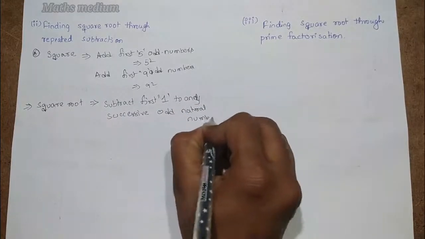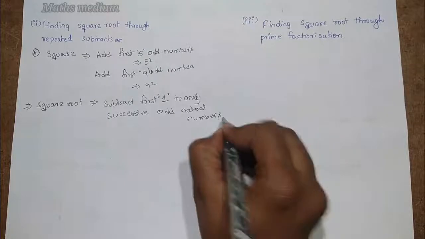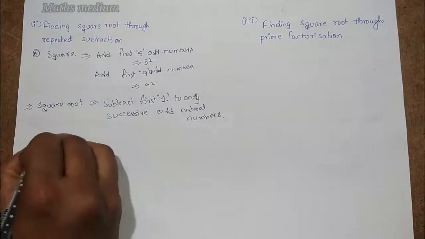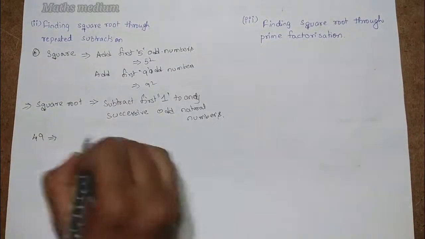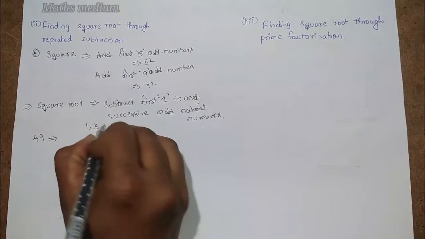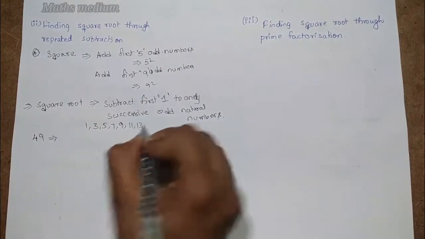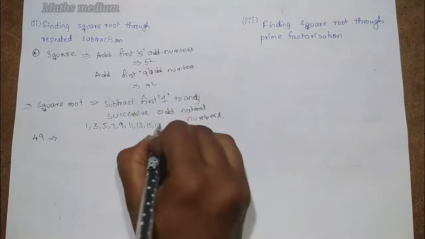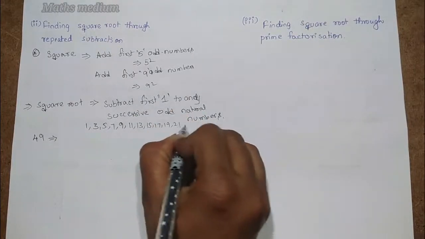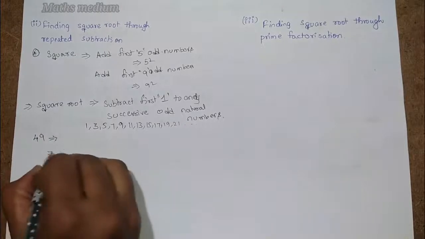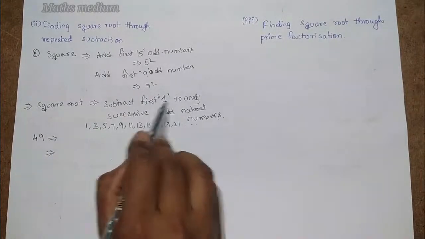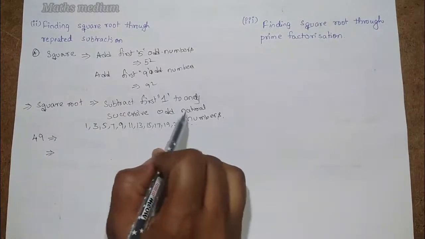I will explain here. If you take the number 49, now we know odd numbers like 1, 3, 5, 7, 9, 11, 13, 15, 17, 19, 21, etc. Take 49 and subtract from it 1 and successive odd natural numbers.